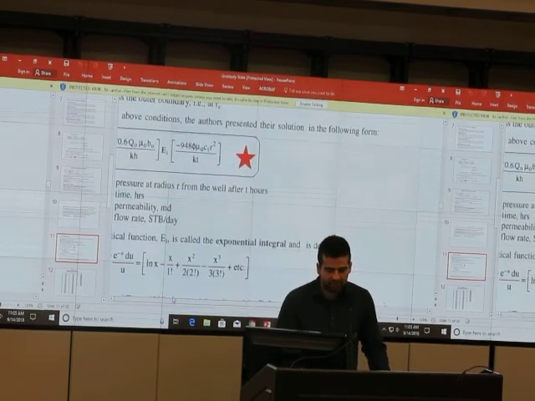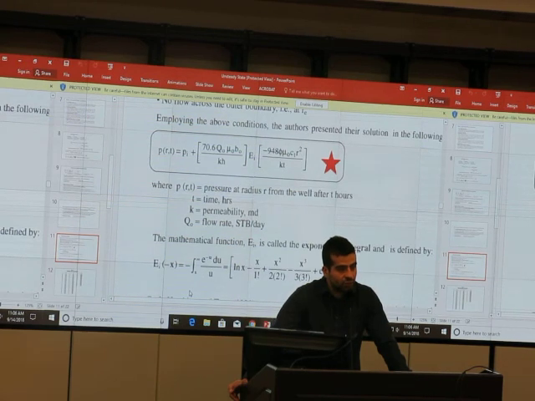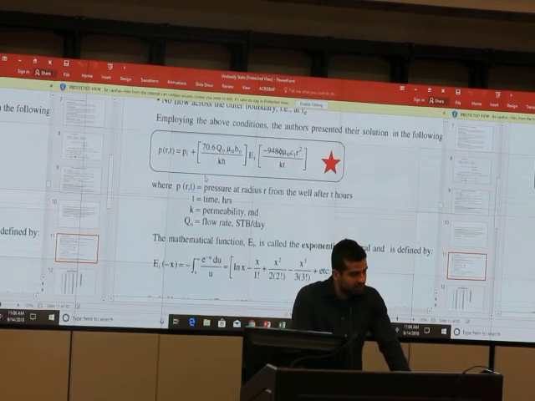You remember this equation when we talk about pseudo-steady state? It means E-i function. What the E-i function does is tell you the pressure at each point of the reservoir based on reservoir characteristics and your QO, or oil production. So is it clear? Do you have any question about this equation?